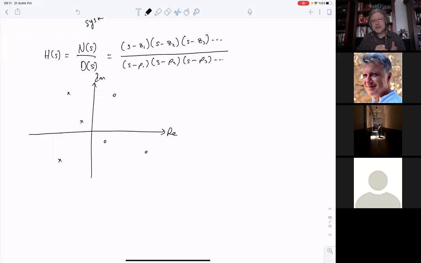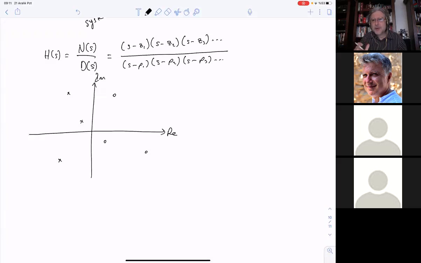Because for all of these three poles, the region of convergence is to the right, and the intersection will be the overall region of convergence, which is to the right of the rightmost pole. And obviously, it's this one. Okay. And I want it to include the j omega axis to make it a stable system.